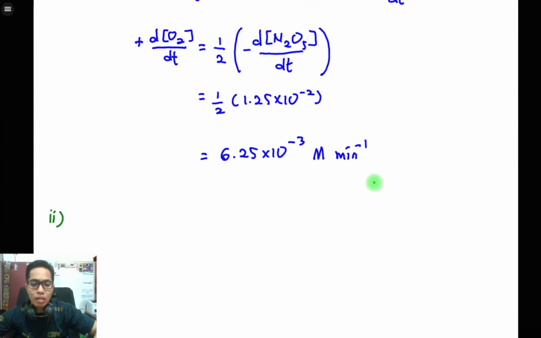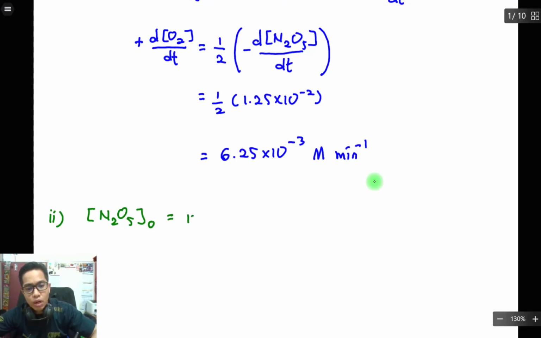So the remaining concentration of N2O5 should be 100 minus 25. N2O5 initial is equal to 100%. Therefore, N2O5 final will be 100 minus 25.